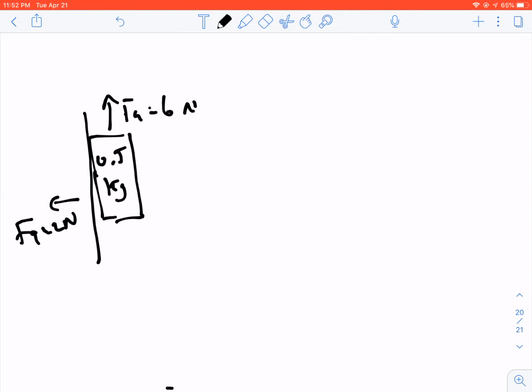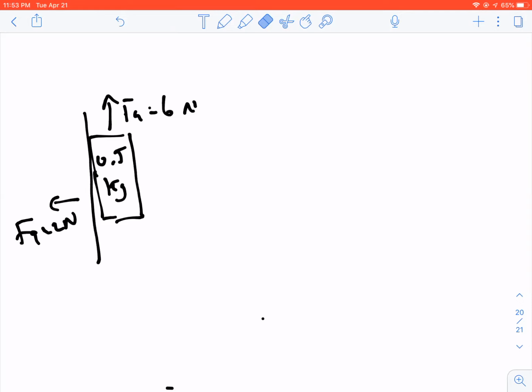So my force is actually this way and this way. I'm pushing the block towards the wall and up the wall at the same time with 2 and 6 newtons. Okay, so those are my applied forces.